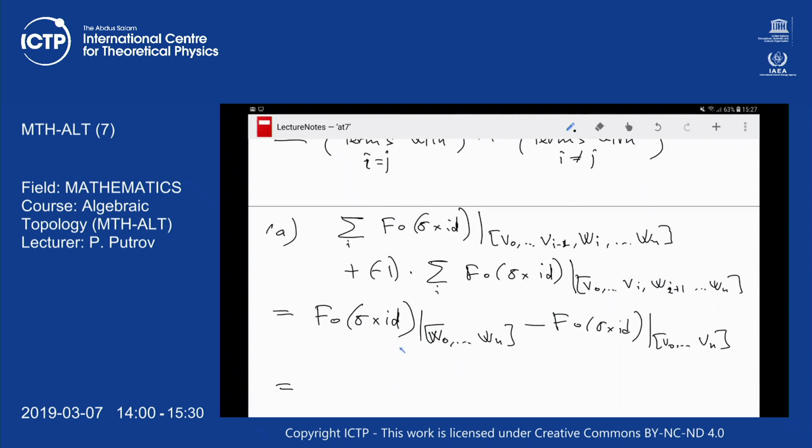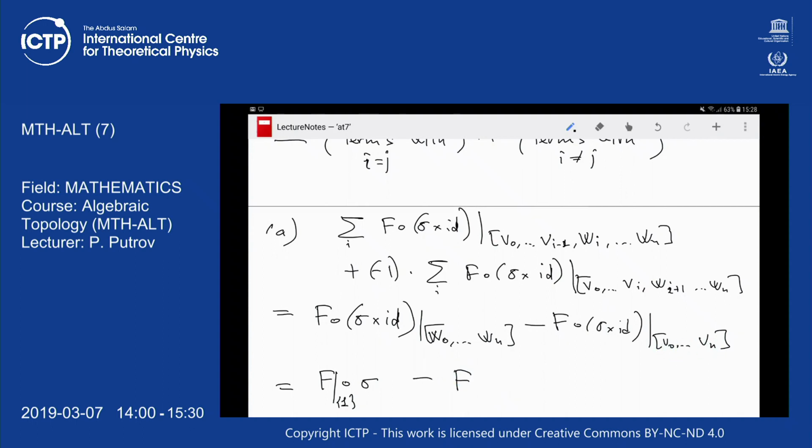But of course, this restriction of sigma times identity to a subsimplex is essentially a simplex at the end of the interval on which this identity acts. So this is exactly the same as F composed with F restricted to 1 composed with sigma. And the same thing will be here.